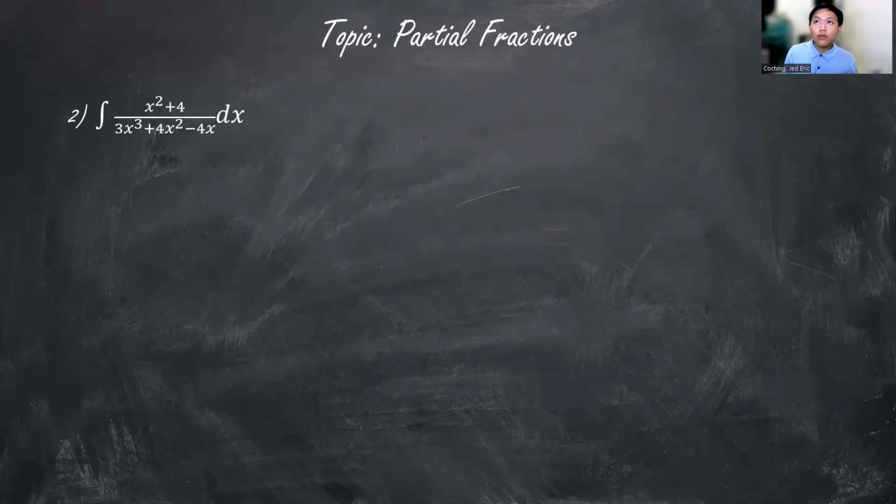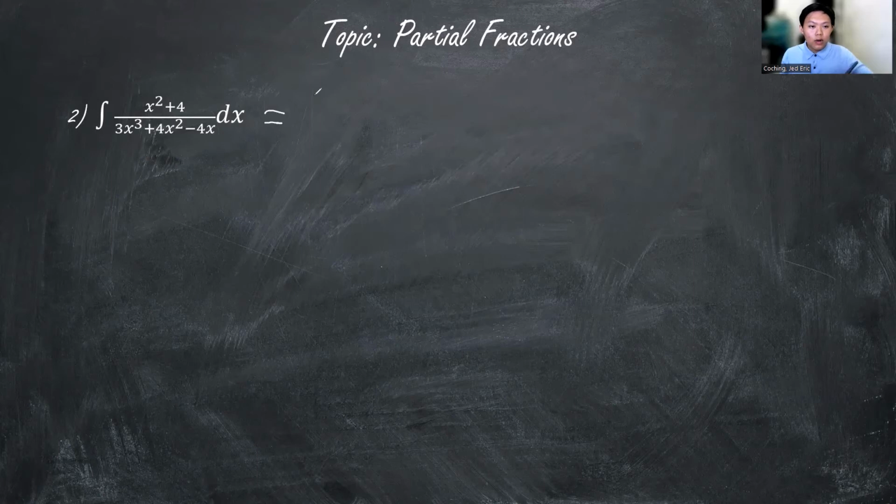And here's number 2. Here, in order to solve this, we need to first simplify the integral. So this is going to be x squared plus 4.